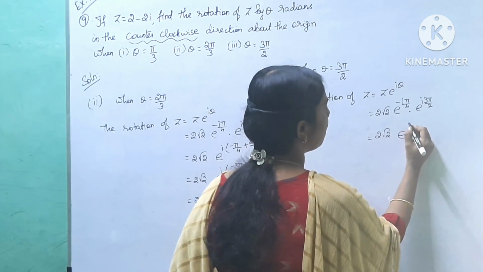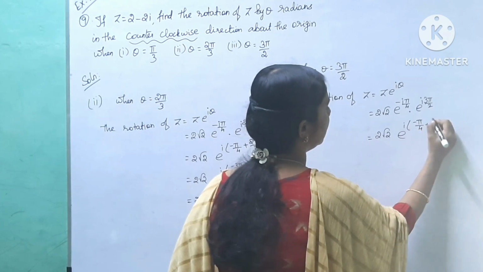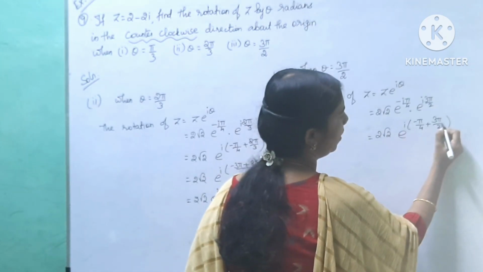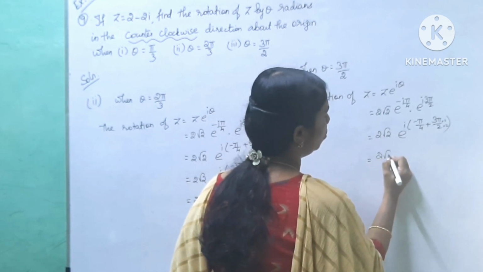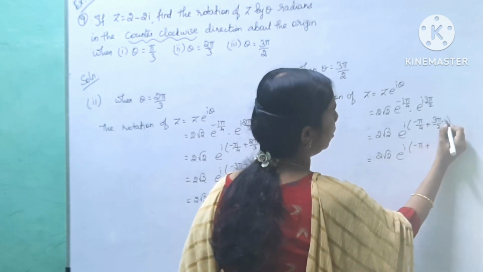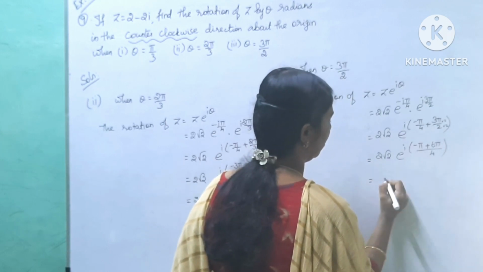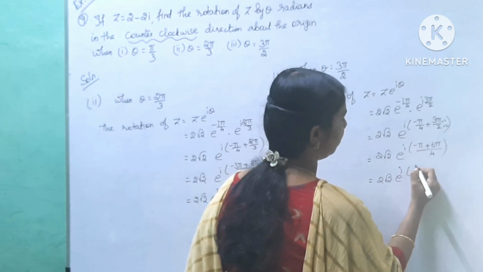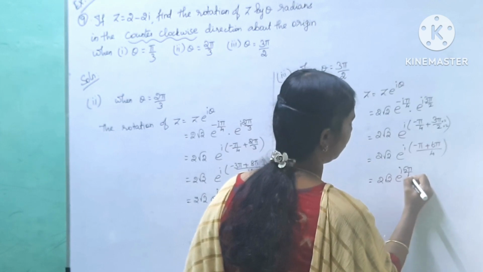E to the power i into minus pi by 4 plus 3 pi by 2. Here we can take LCM 4. For the denominator 4, we multiply and divide this term by 2. So this is 2 root 2 e power i into minus pi plus 2 into 3, which is 6 pi, whole divided by 4. So this is 2 root 2 e power i times 6 pi minus pi, which is 5 pi by 4.